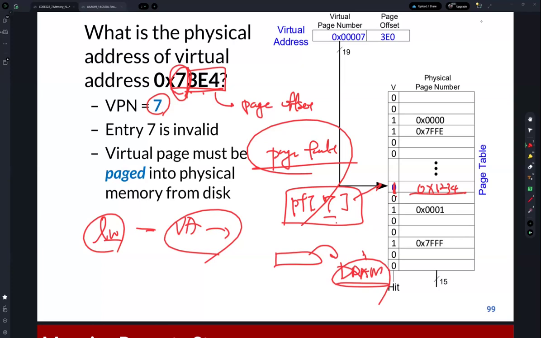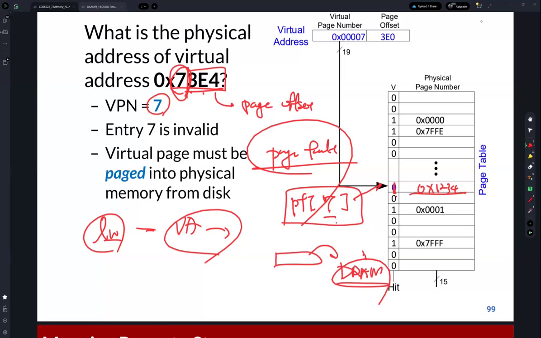That's what I explained in the exception part, right? When the exception is detected by the CPU, this instruction, the load instruction, is flushed, cancelled, and the CPU calls the exception handler. It's the page fault handler in the operating system. The page fault handler is executed.